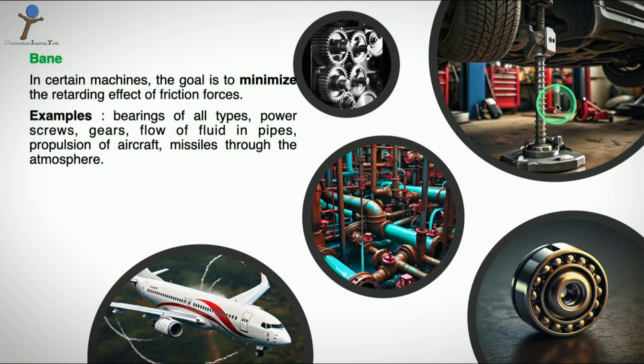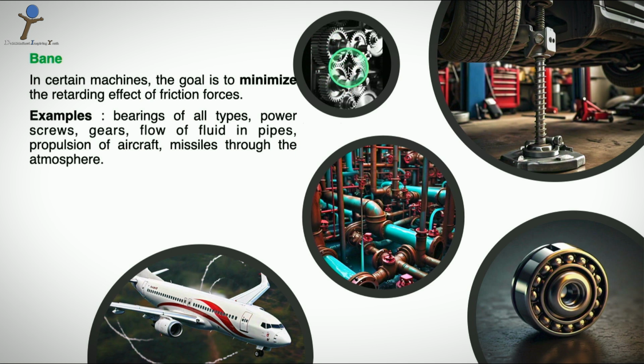Next example is power screws. The power screw rolls inside the nut and the frictional forces occur in between the nut and the screw. So, it is necessary to minimize these frictional forces to get maximum efficiency of the screws. Another example is the frictional force that exists between the gear teeth. The teeth rolls and slides one over the other, and friction does happen while driving.